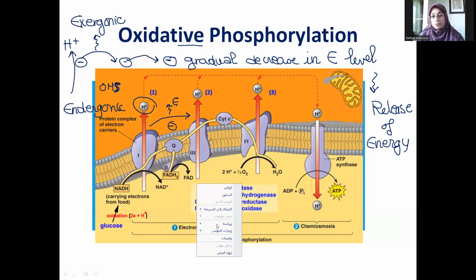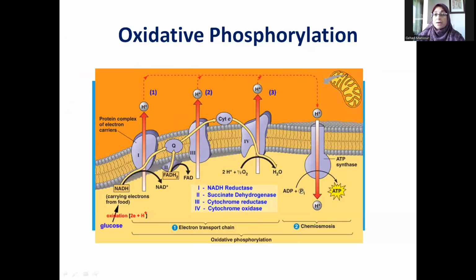So by the end of the chain, we will have accumulated the protons against concentration gradient in the outer mitochondrial space, with a lot of stored potential energy. Of course, the selectively permeable membrane helps in the preservation of that concentration gradient of protons.